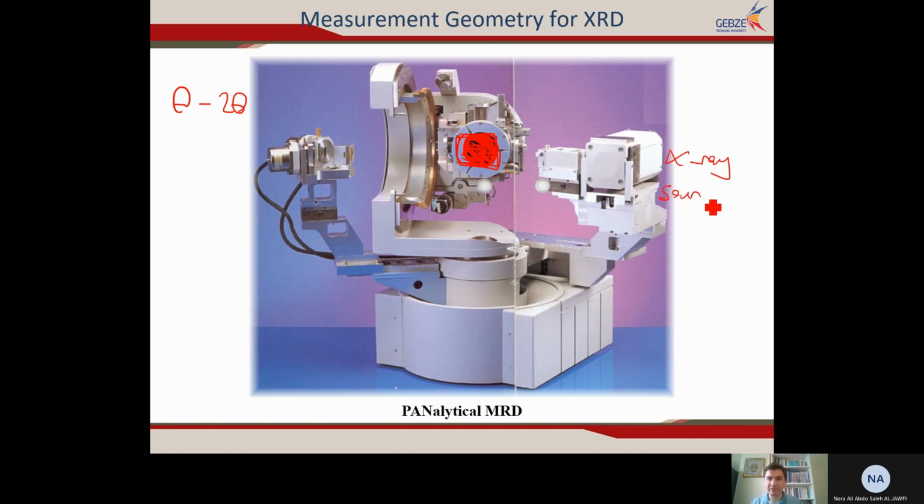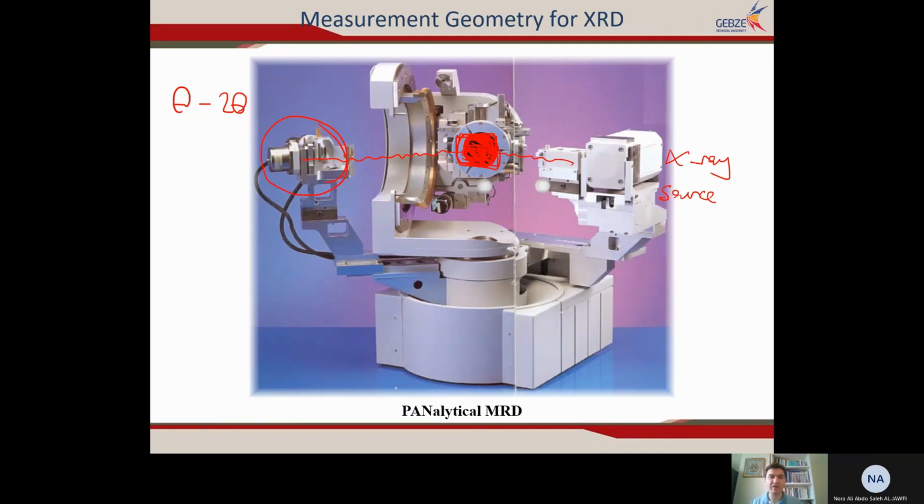Usually in laboratory X-ray diffractometers, we have an X-ray tube, sometimes a rotating anode tube. But if you go to synchrotron light sources, of course, you have very high intensity, which comes from the beamline. So X-rays come at a certain angle to this surface, and they are diffracted and go to the detector here.